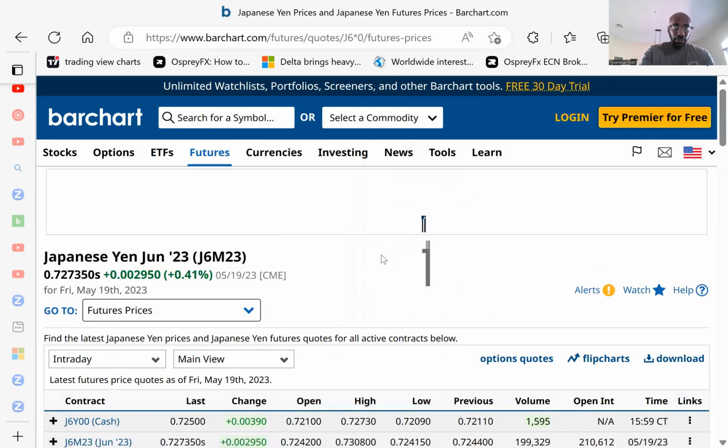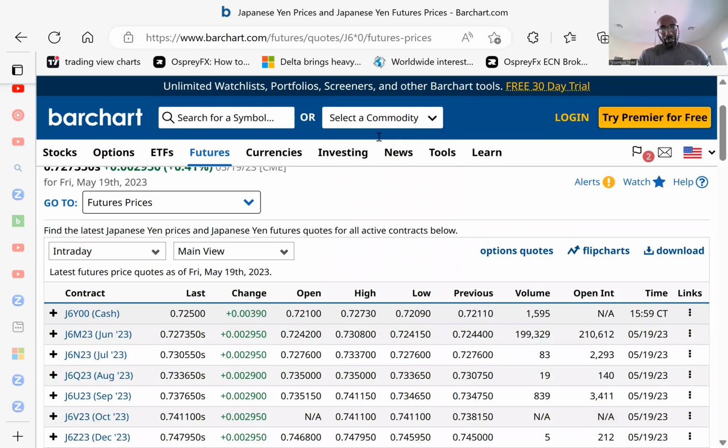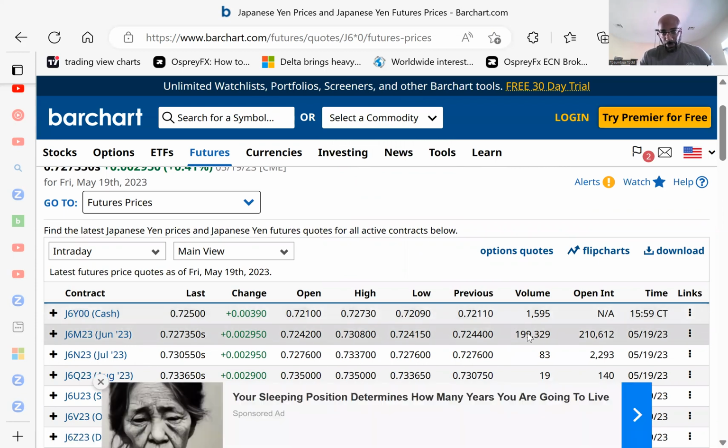Here we go. So you go up here, you select the commodity. I pick the Japanese yen. All right. You don't want the cash. You want the actual contracts, right? And you want to go to the one with the largest number of open contracts, which is this second one. I want to click on it.